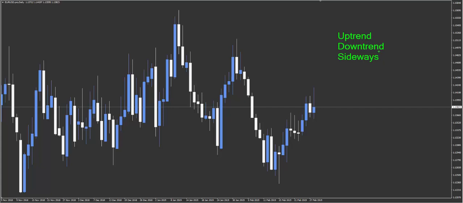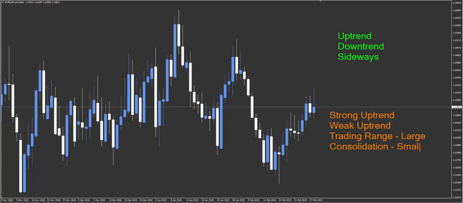So, I think that you really want to categorize things slightly differently, and I would encourage you to categorize them in the following way. Strong uptrend, weak uptrend. We then have, I'm going to call it a trading range, and I'm just going to put large, and a consolidation, which is small.